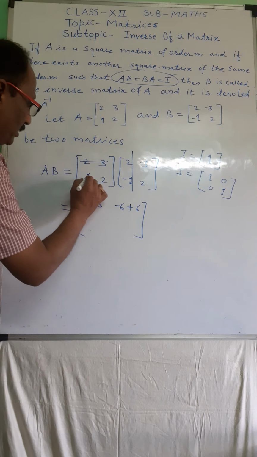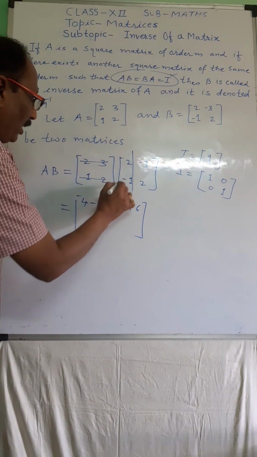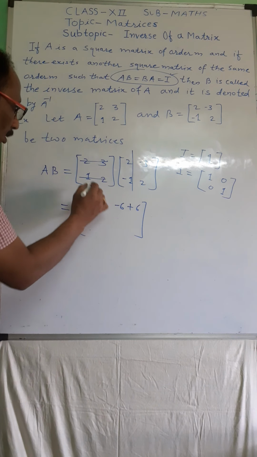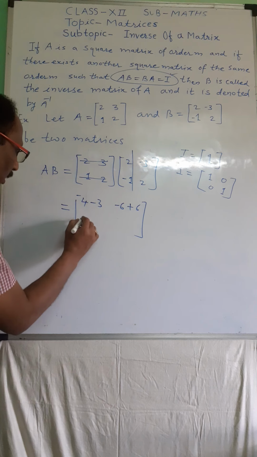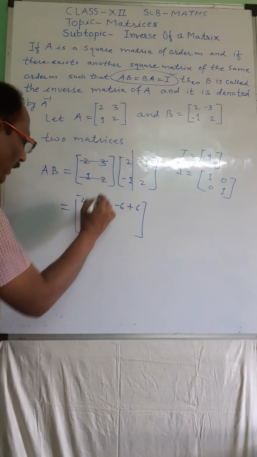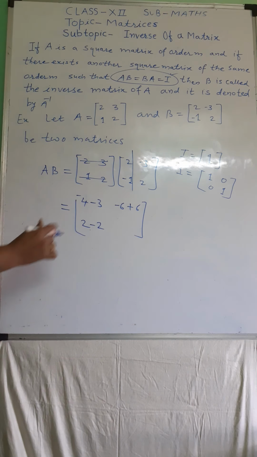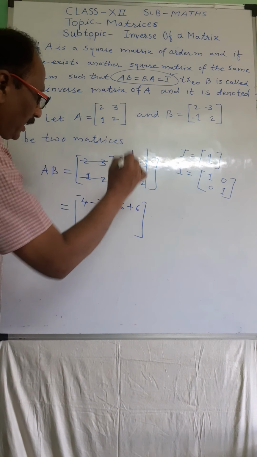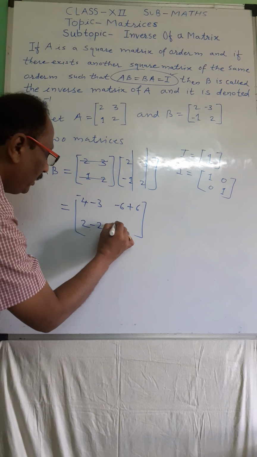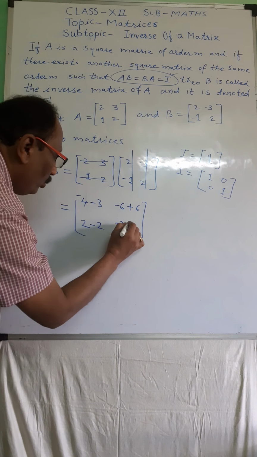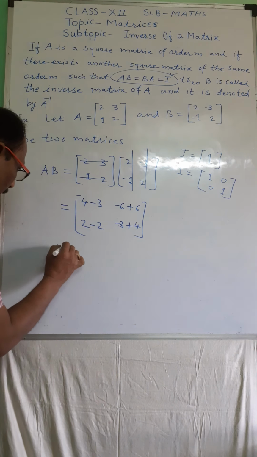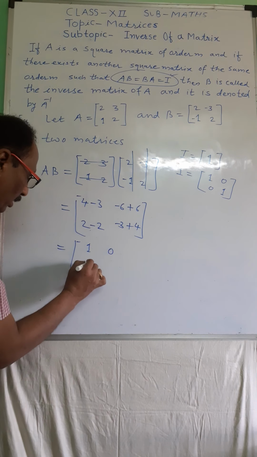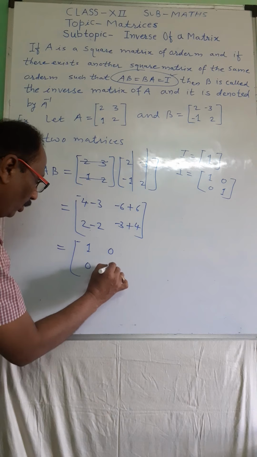Then second row 1 2 and first column 2 minus 1: 1 into 2, that is 2, and 2 into minus 1, that is minus 2. Second row 1 2 with second column: 1 into minus 3 and 2 into 2, that is 4. Then we get first row 1 0, second row 0 1.